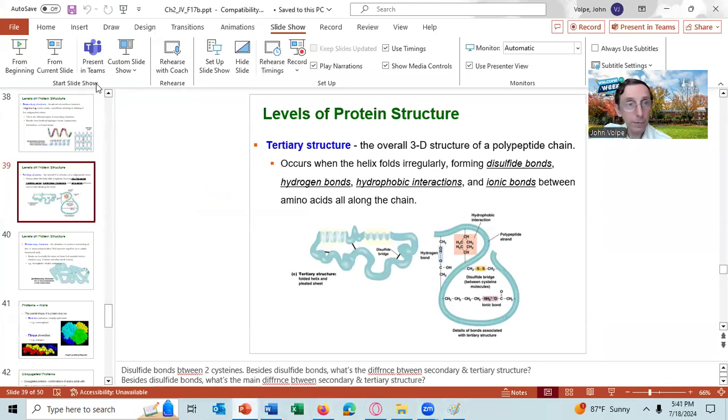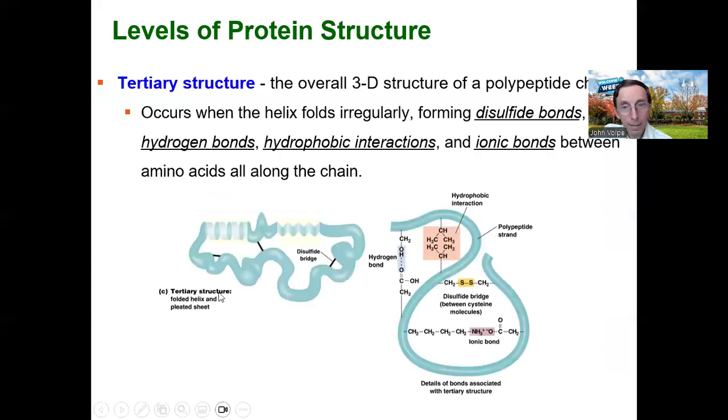Let's see if I can show that here. So here we have the cysteine, and the hydrogen came off, and it'll just go into solution. And then the hydrogen came off here, and then they form the covalent bond between sulfur. This is a very strong bond.